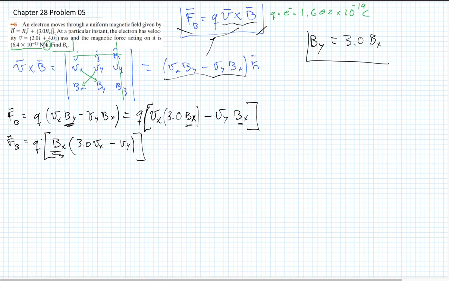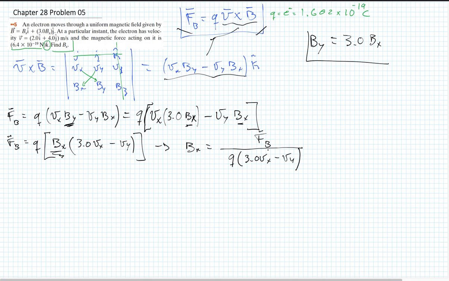And to do that, everybody here is multiplying, so that allows me to do something like this. Take a look: F, the magnitude, over the charge times 3.0 Vx minus Vy.